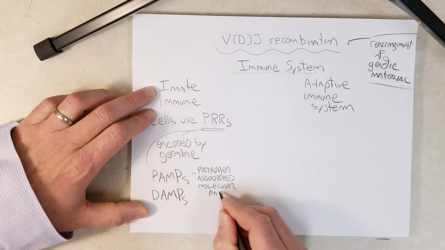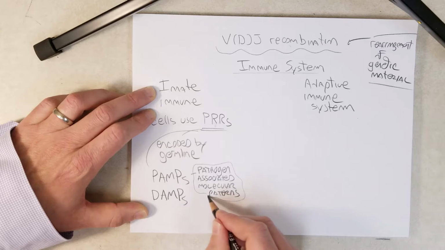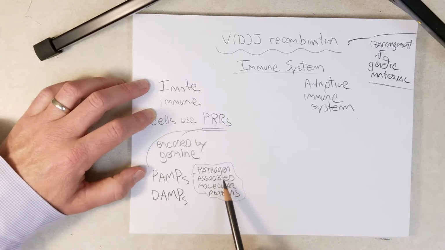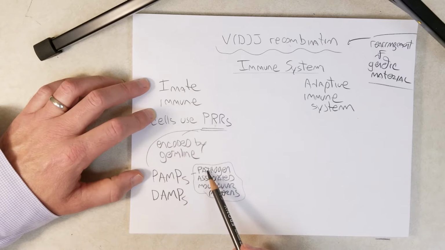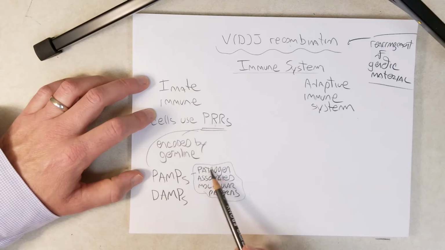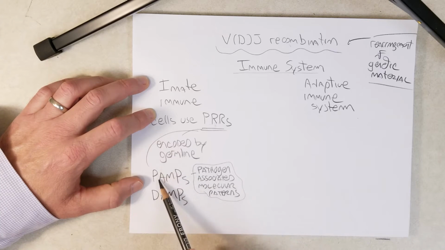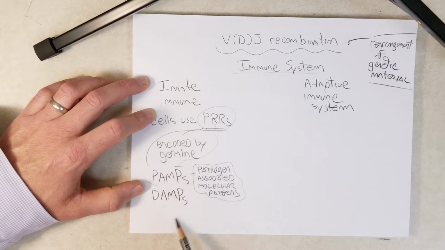My understanding is these are things like certain proteins that are found in many different pathogens, but they're very similar. I think maybe like the flagellum of a bacterium. There's no need to adapt to these things. Most bacteria have it and it's unchanging. So we can use things that are encoded by the germline, such as PRRs, to recognize these.